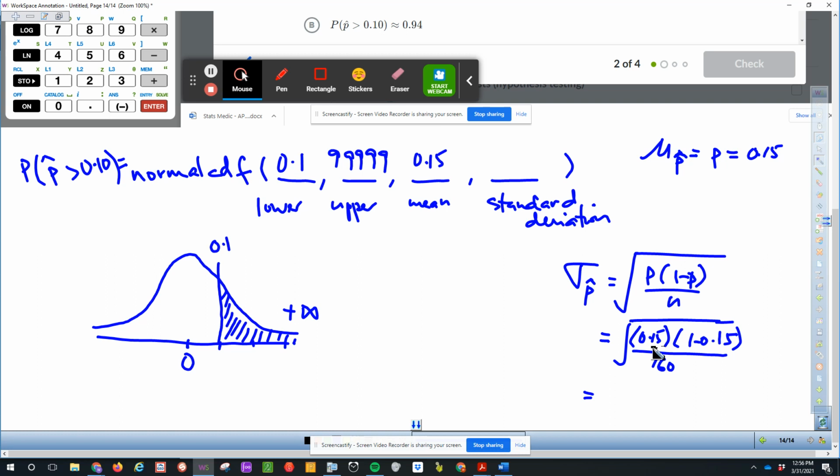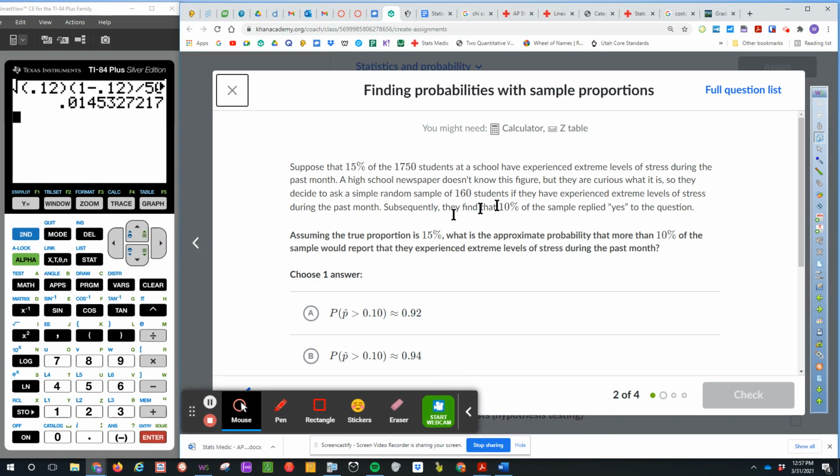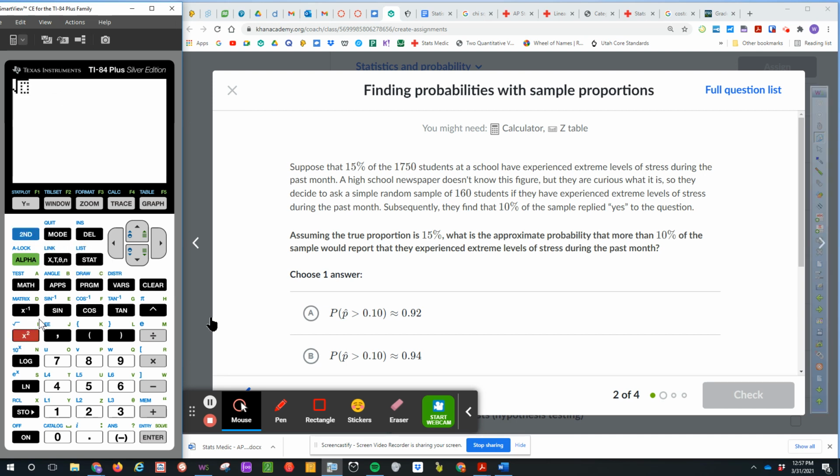So I suggest you work this out first and then maybe put it into 3 or 4 decimal places. Let's see if we can do this. So let's clear this. Square root of 0.15, that's my p, times 1 minus 0.15, and then divide by 160, that's my sample size.